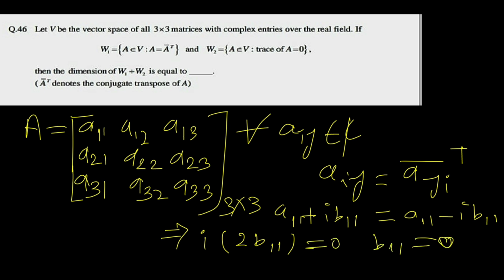Then the diagonal elements have only real values in a Hermitian matrix.